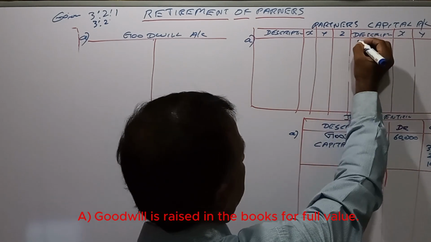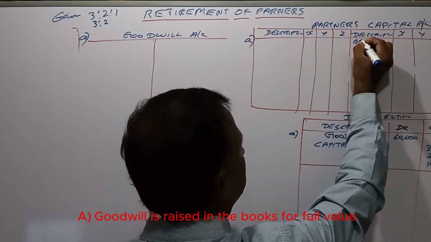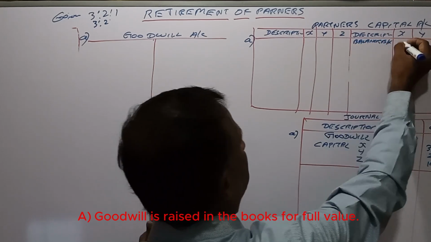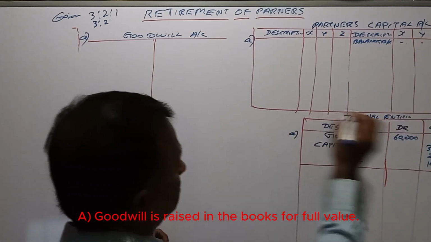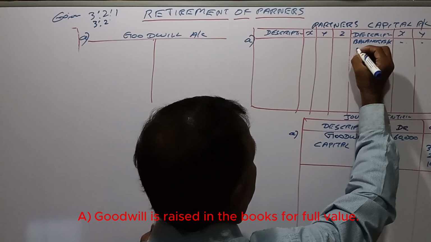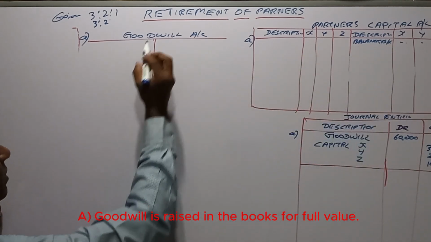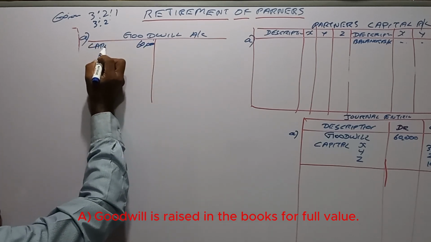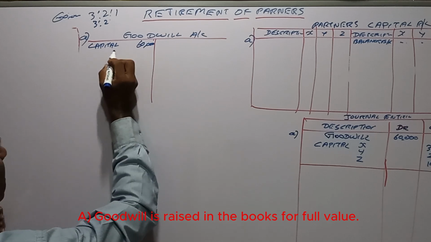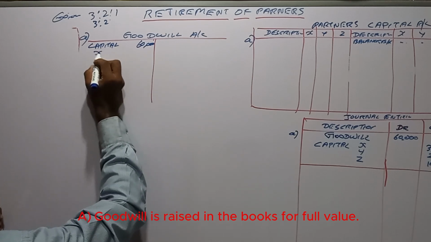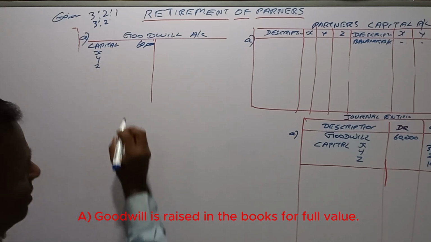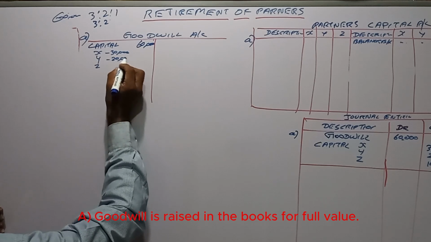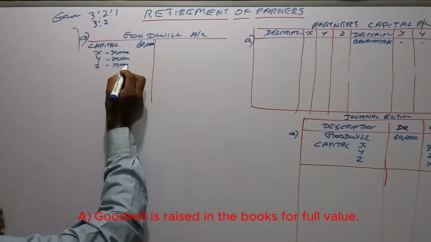So here you will say their balance brought forward will be there, right? Goodwill account debit 60,000, credit to capital, that is X, Y, and Z, 30,000, 20,000, and 10,000.